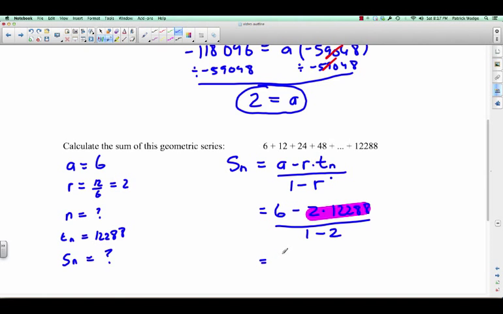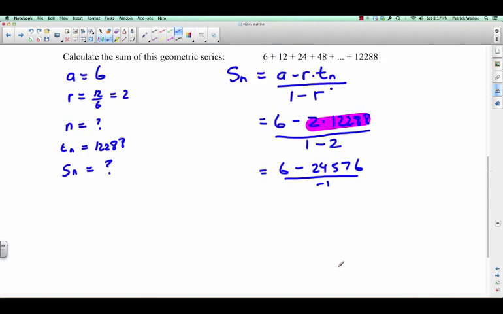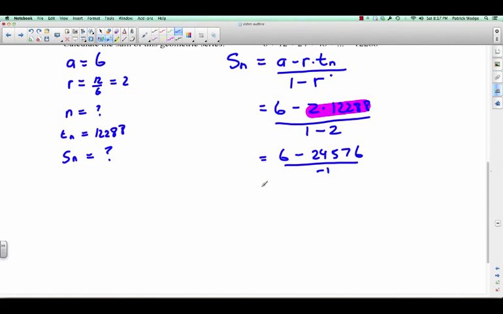So we get 6 take away 24,576, all divided by 1 take away 2, which is negative 1. So now if we subtract, you will end up with 6 take away all that is negative 24,570 all over negative 1, and we divide by negative 1, the two negatives become positive 24,570.